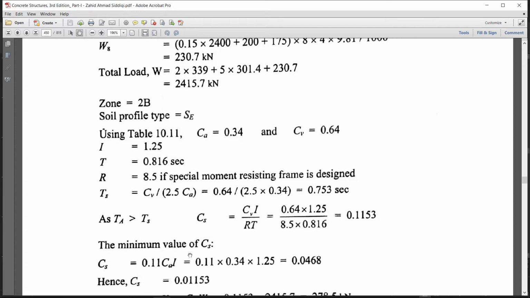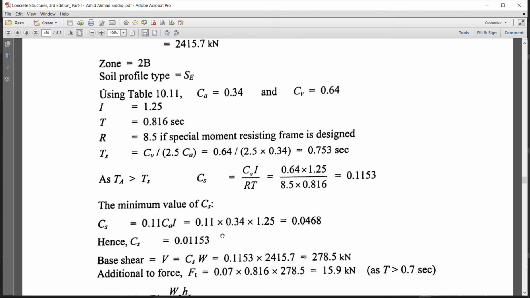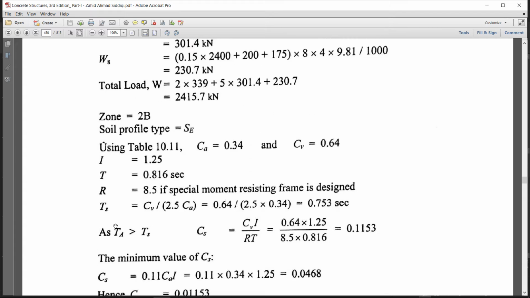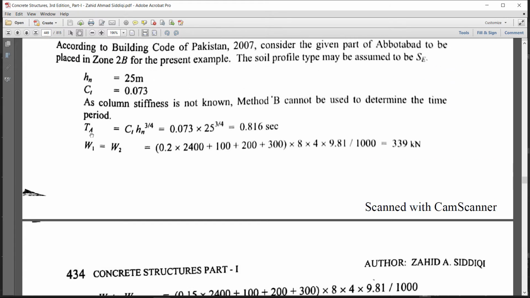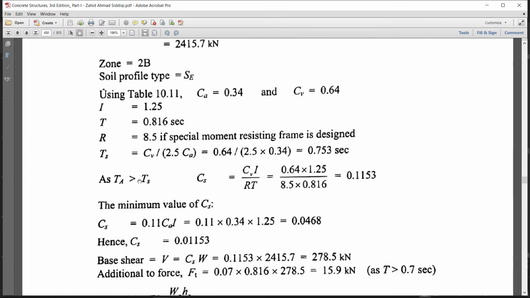Okay, now we have to check against minimum and maximum values. The minimum value of CS is 0.11 CA I. CA we already have, and I is the importance factor, so that's it. Our T, the time period by method A, is greater than TS.